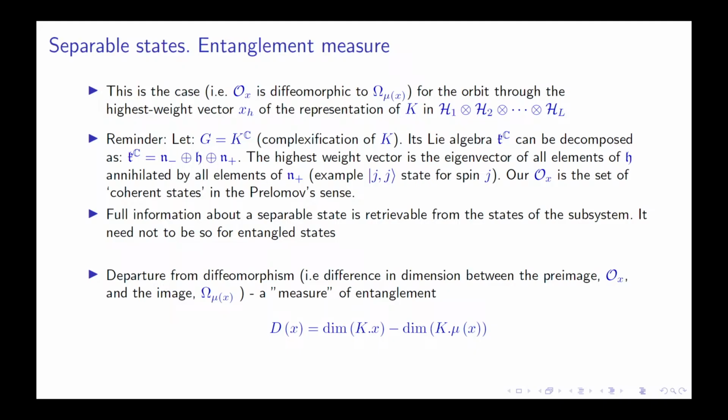First, this really happens if both orbits are diffeomorphic, for the orbit through the highest weight vector of the representation of K in H1. Here I remind you, a small reminder, what the highest weight vector of a representation is. You can consider not only the algebra but its complexification, where you can multiply an element by i and add it to another element.